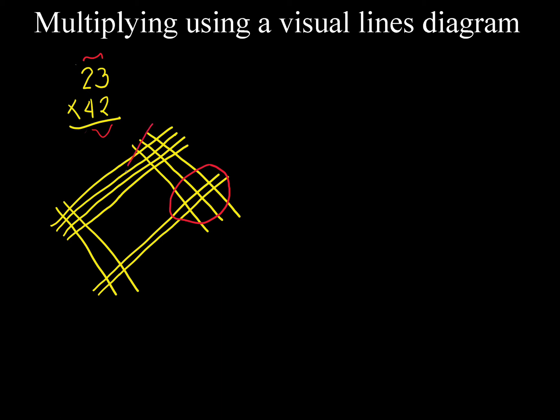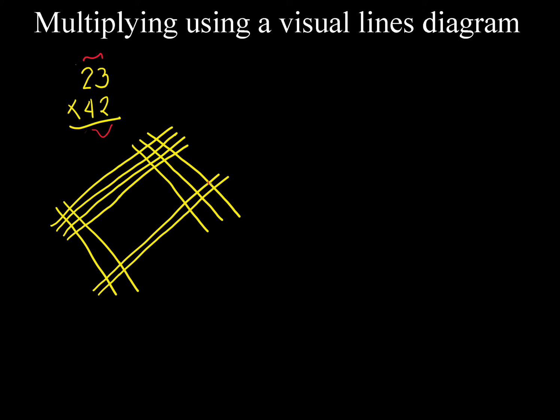This set of intersections will be representing our tens, and this set of intersections will be representing our hundreds. So again, that's ones, tens, and hundreds. Let's begin.